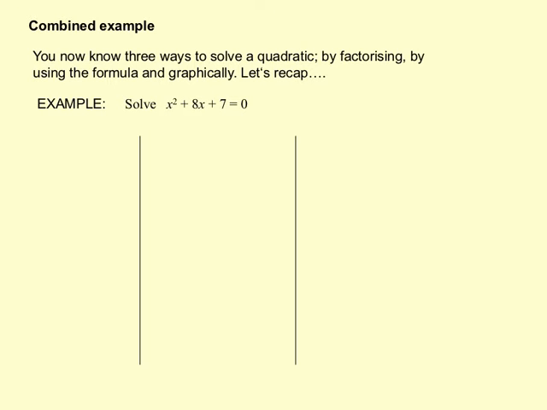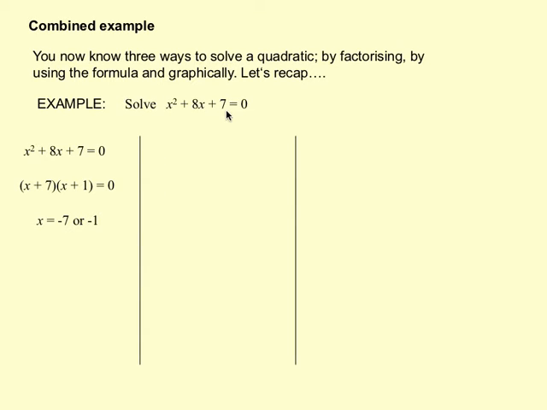It's going to show you 4 examples now, I think, that are solving by factoring, solving by the formula, and solving graphically to show you that all methods work and it all conforms together. So when you factor, you look for factors of 7 that add up to 8. That's 7 and 1. So x equals negative 7 or x equals negative 1.